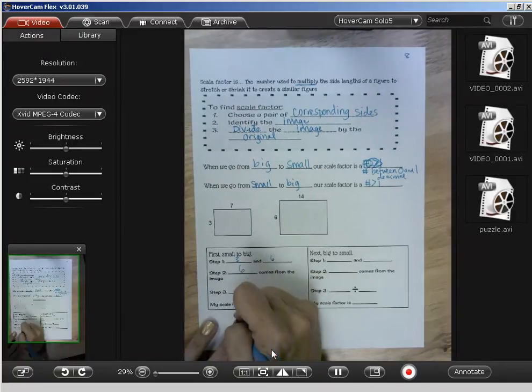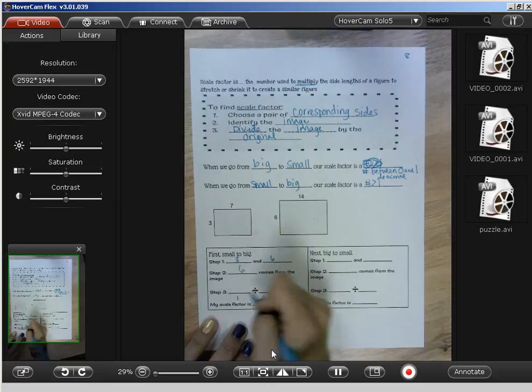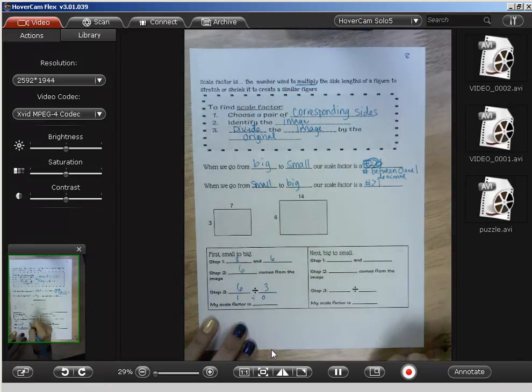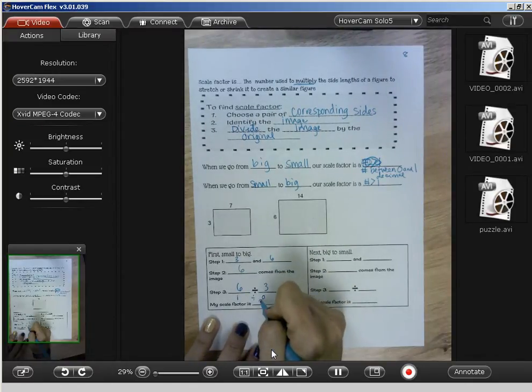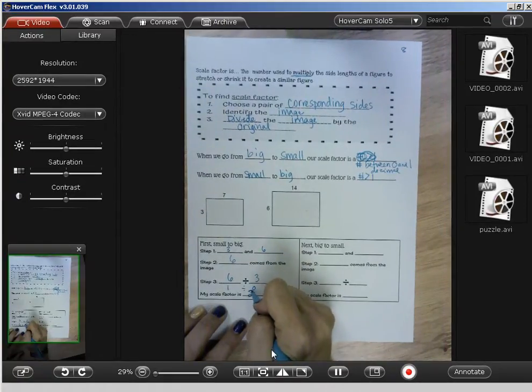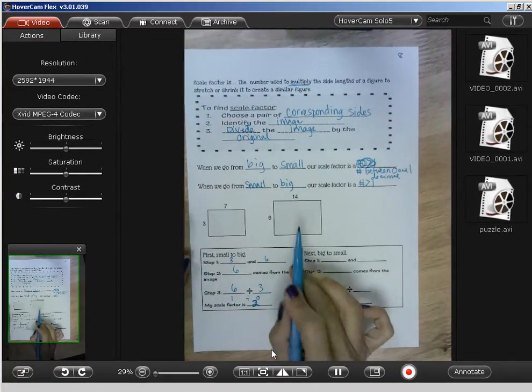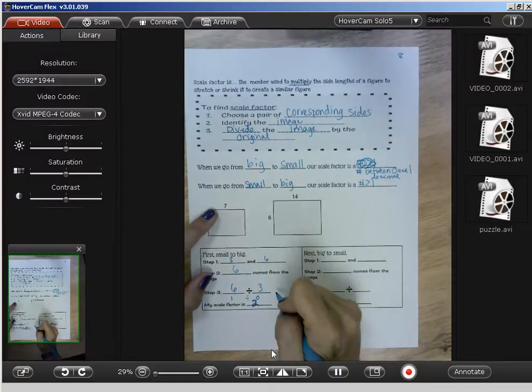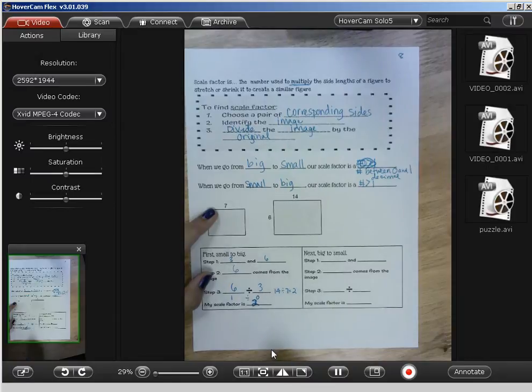Image divided by original, so 6 divided by 3, which gives me a scale factor of 2. If I had chosen 14 and 7, I would have gotten the same scale factor.